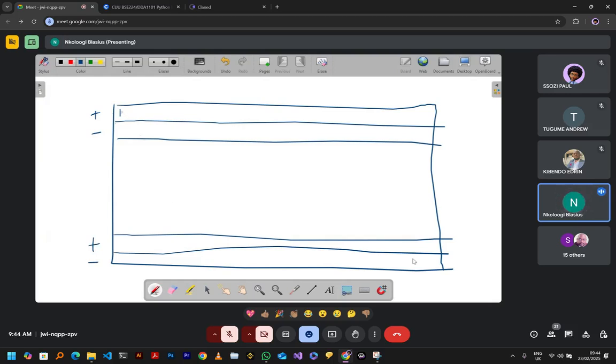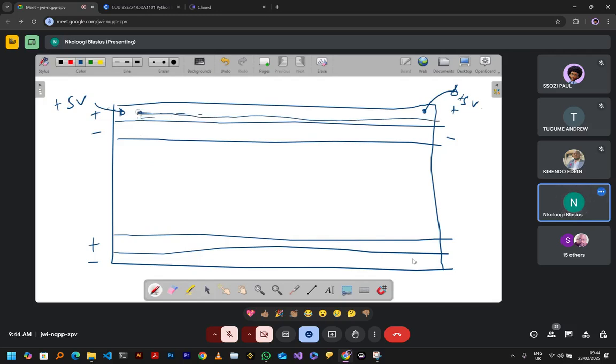So if I supplied some 5 volts here, it means that even if I tap from the other end here, I should still be able to get the 5 volts, because this one is connected horizontally.